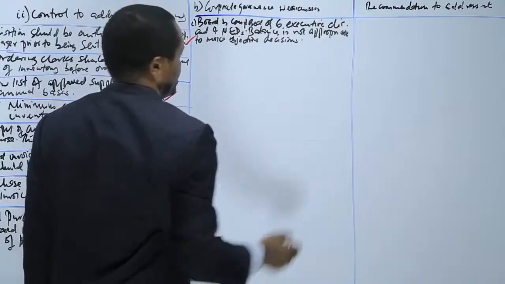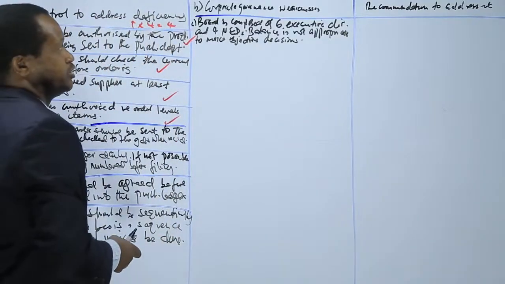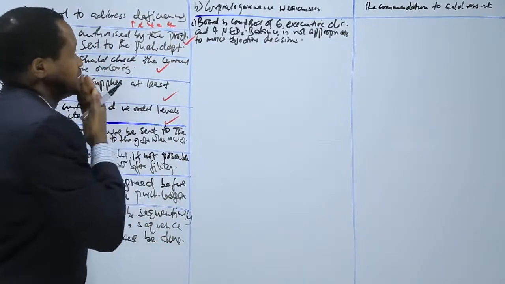Objective decisions cannot be made because the board is not properly composed.